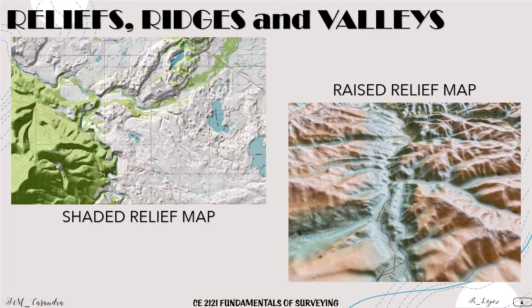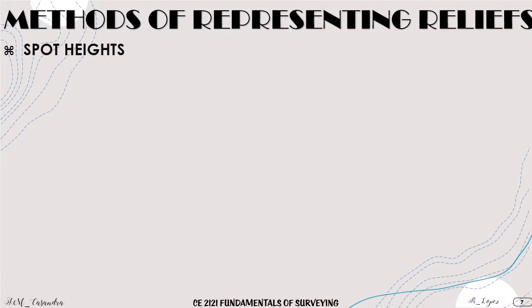So we have here a shaded relief map and a raised relief map. So when we talk about shaded, it means it has colors on it. And when we talk about the raised relief map, it is usually a three-dimensional representation of topography. So we have now the methods in representing reliefs.